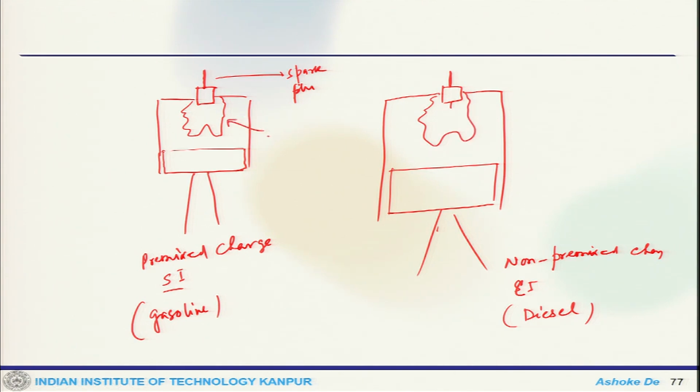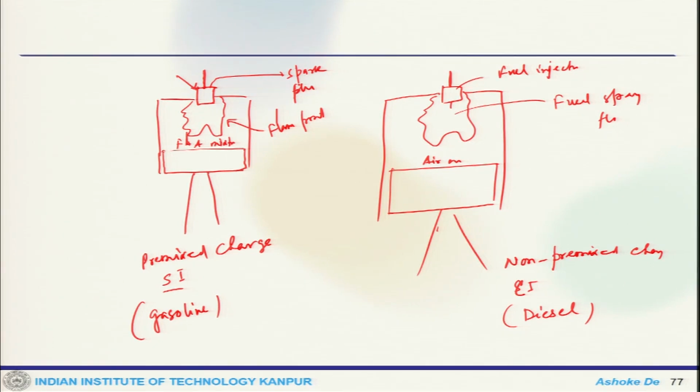So that's my flame front, this is spark plug, and inside that you have fuel plus air mixture. Here it is air only, this is my fuel spray flame and that is the fuel injector. So, there is a difference you can see inside that.